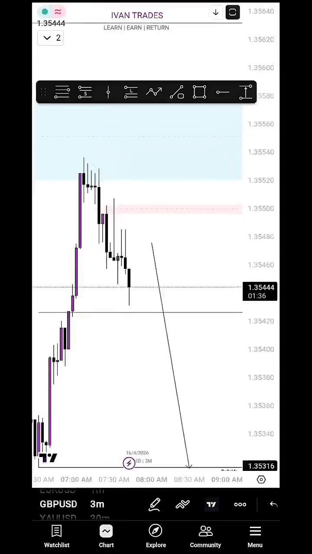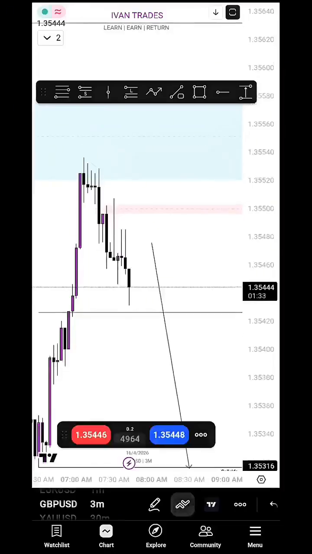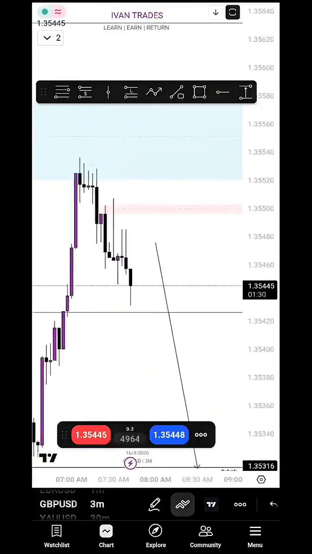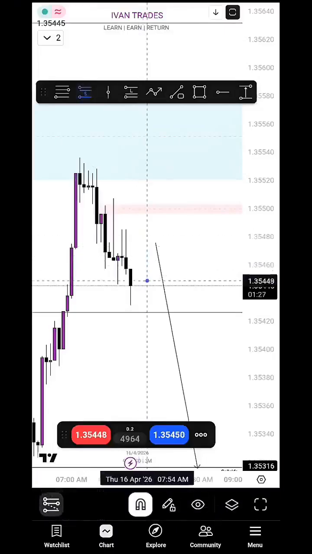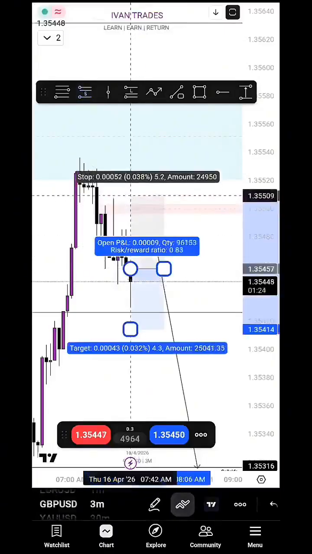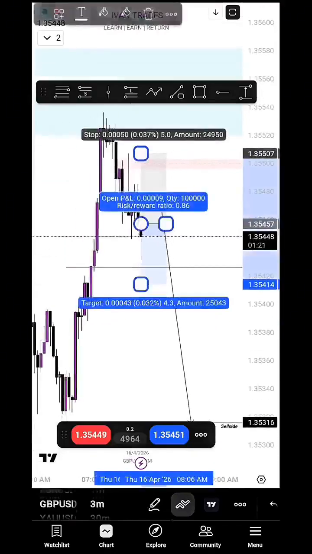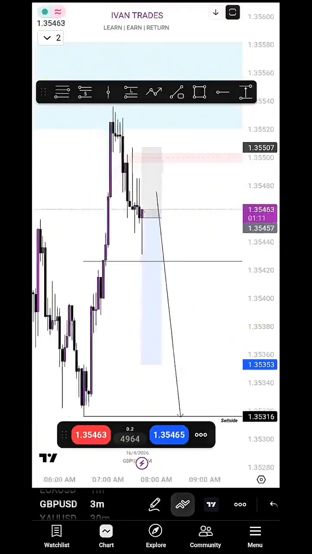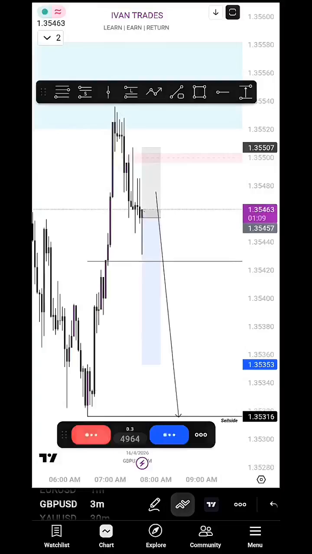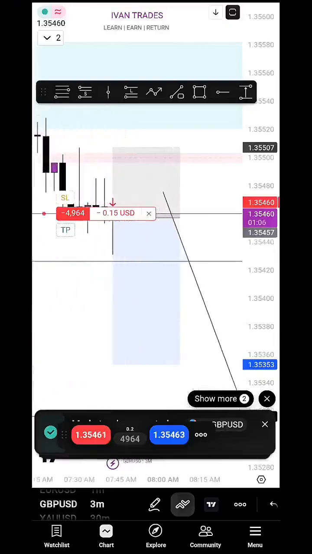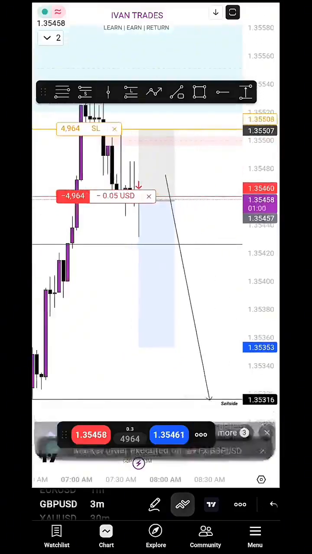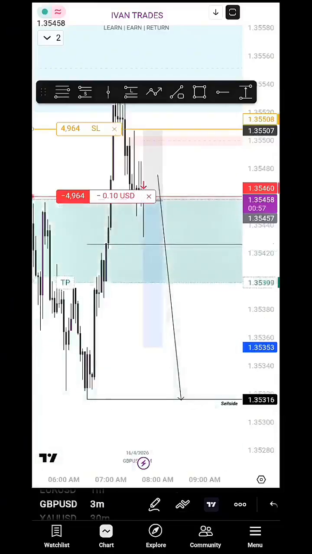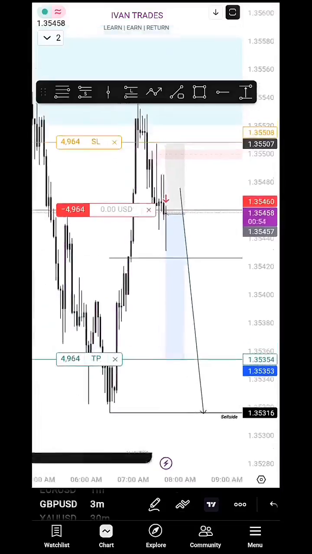So let's see how this trade plays out. And for visual representation, I'm going to enter short or so here using a paper trading account. I entered essentially right here with my stop loss above that high.